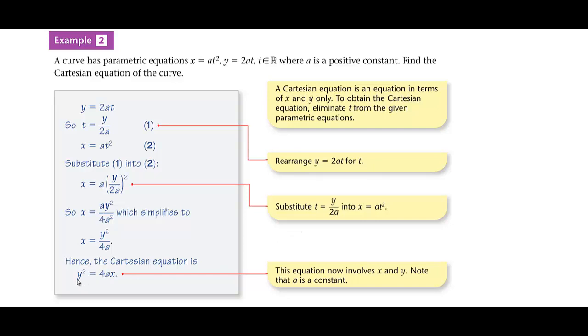Now in this equation, y square is equal to 4ax, t has been eliminated, and this is a Cartesian equation of the parabola, whereas these two equations are the parametric equations of the parabola.